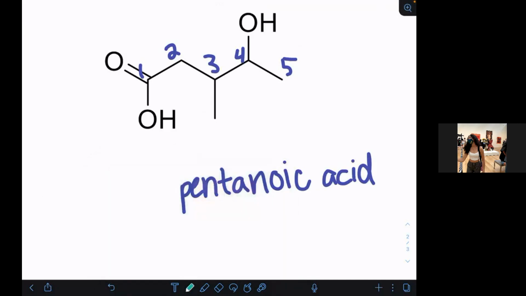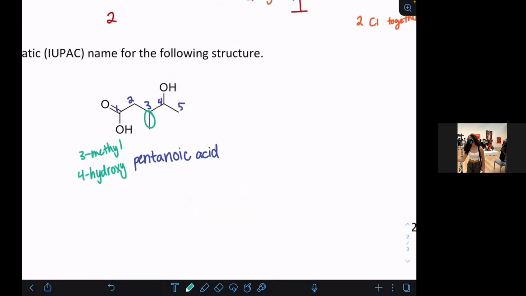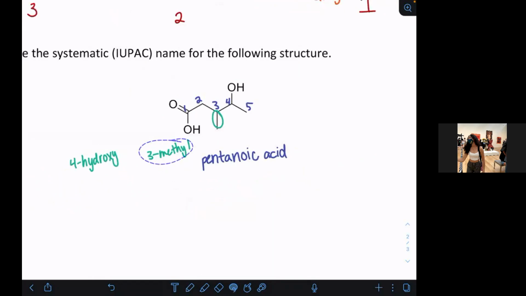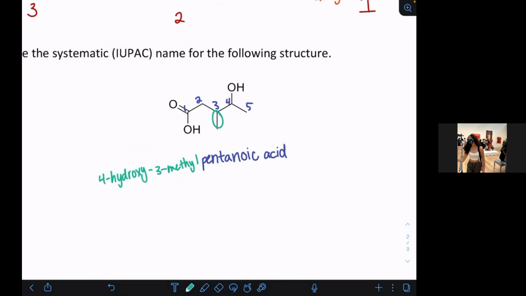And then we have 3-methyl and 4-hydroxy. In alphabetical order, H comes before M, so H first. So 4-hydroxy, 3-methylpentanoic acid.